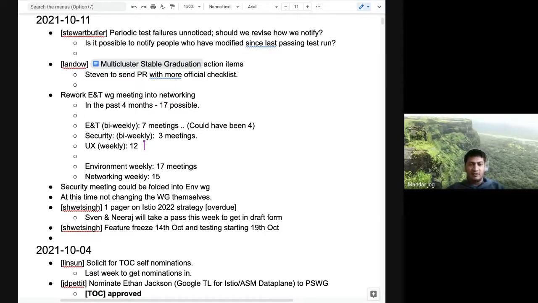I think that from the ENT group, we are okay with this decision. We just want an okay from networking, and we will start adding things to that agenda. And then we also want an okay from the GOC about this consolidation.